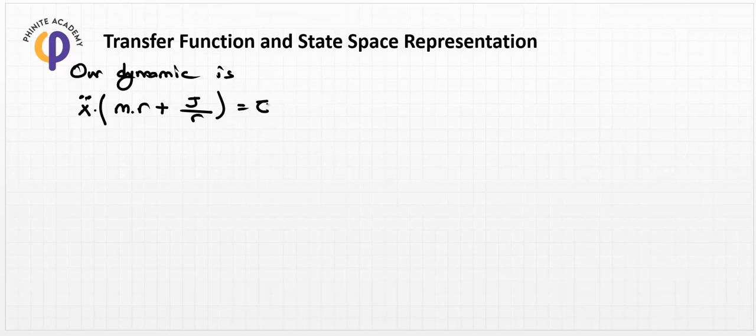This is the input value of our system, and x, which depends on time, is the output value of our system.